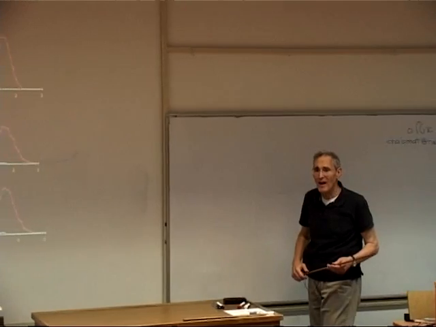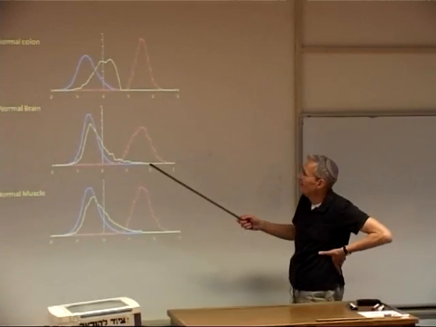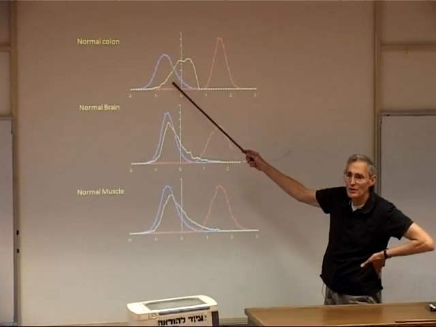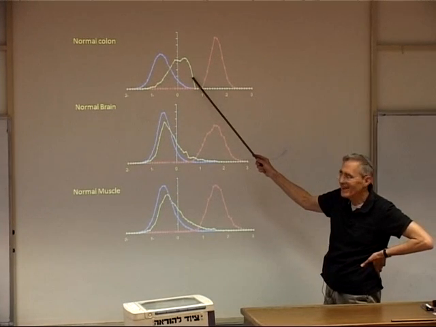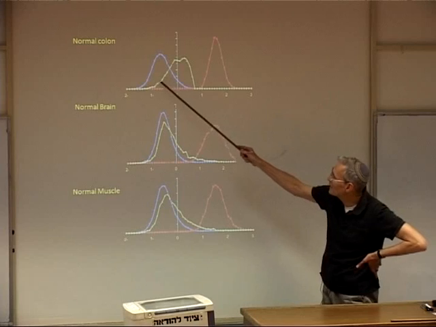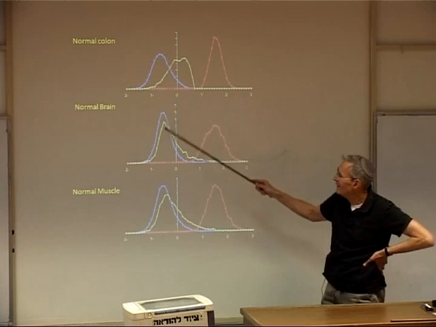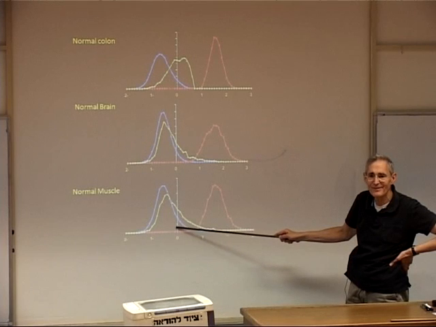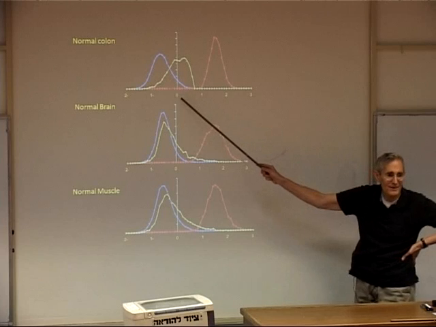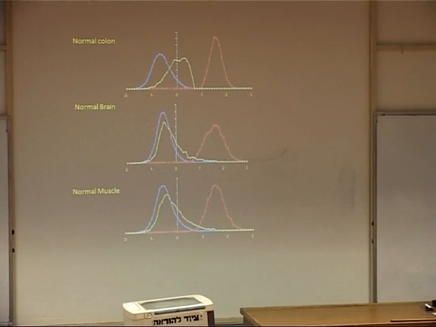It's highly tissue specific. So this is what I just showed you, the genes that get methylated in colon cancer. Okay? If you now look, and this is what they look like in normal colon, this is what they look like in brain, and this is what they look like in muscle. Much less methylated. Okay? So it's tissue specific, this methylation.